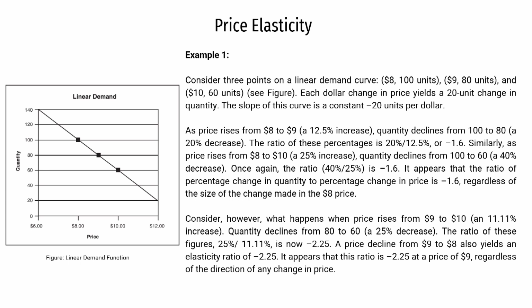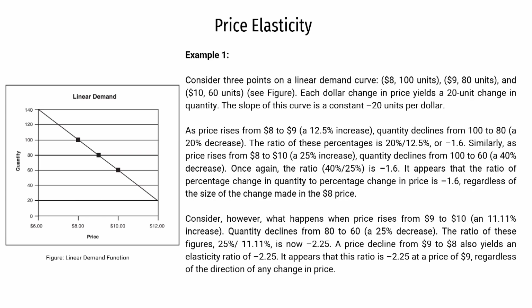Apparently, without looking into any mathematics, I can say that every $1 increase in price decreases the quantity by 20 units. So, each dollar in price yields a 20 unit change in the quantity demanded.